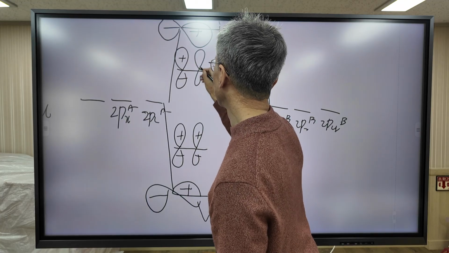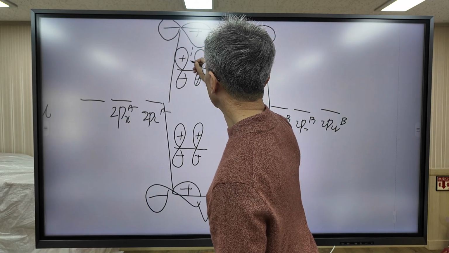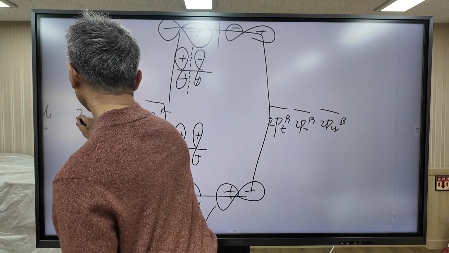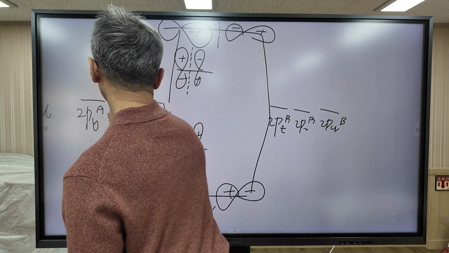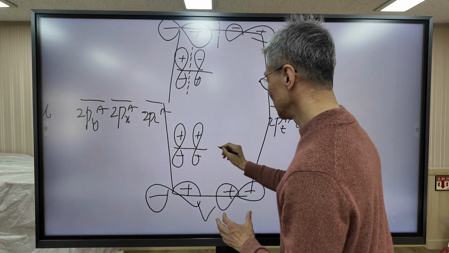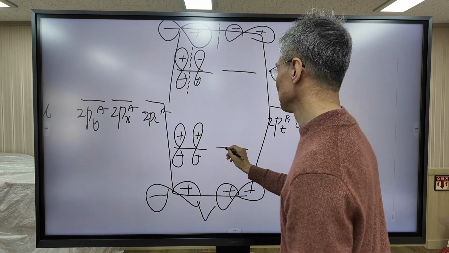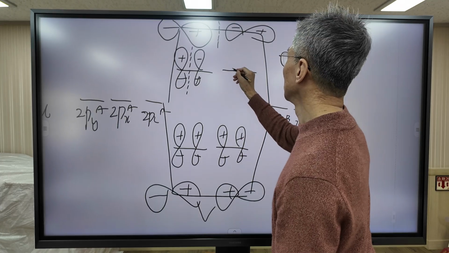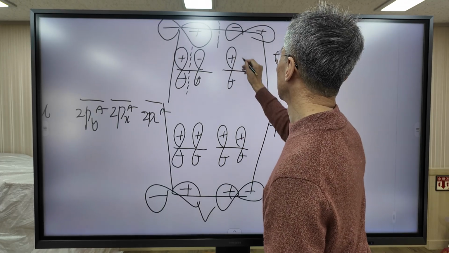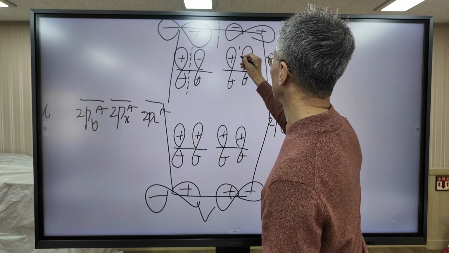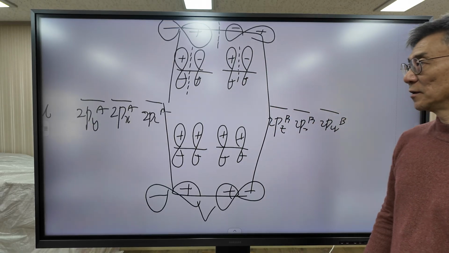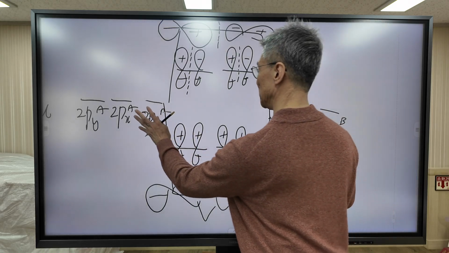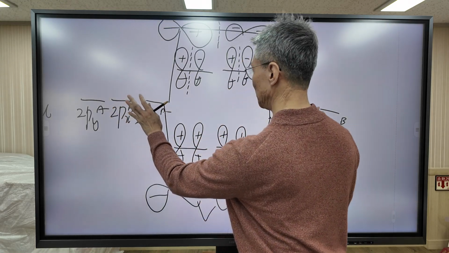Plus minus, minus plus. A nodal plane develops. And 2py interacts in a similar fashion. Plus minus. A nodal plane develops. This is the construction from the interaction between 2p orbitals.